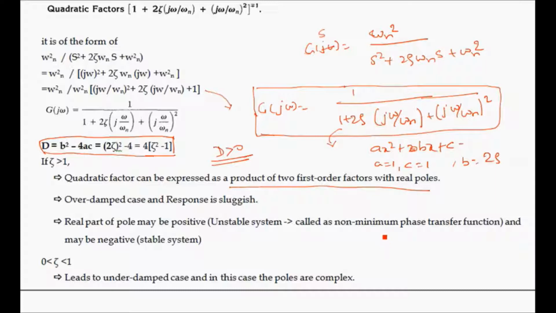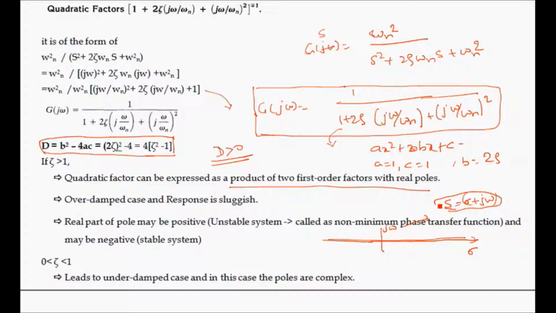If zeta is greater than 1, then the pole lies on this line. If this is sigma and this is j omega, as we already learned that s may be written in the form sigma plus j omega, then the pole will lie on the real axis.